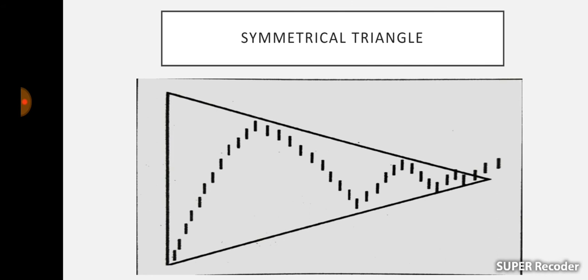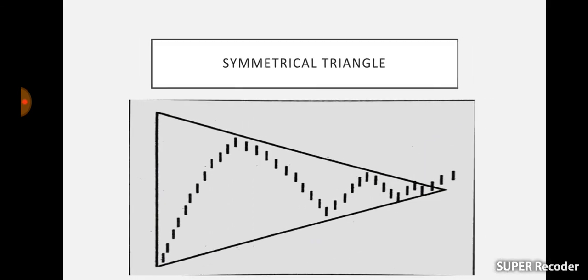If the breakout is towards the downside, the price will fall in the future. But it's not easy to predict the breakout. Okay. And this pattern is made up of a series of fluctuations, each of which is smaller than the previous one.